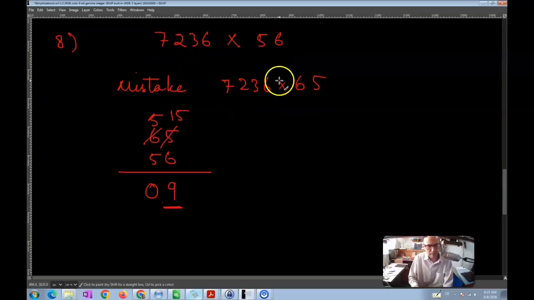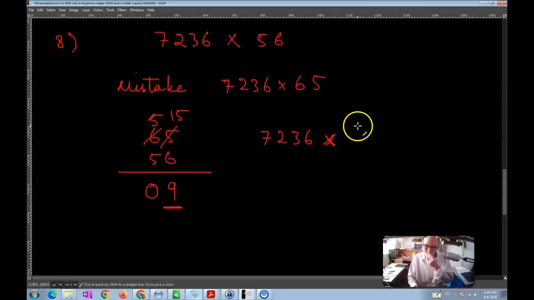The reason is that when you multiply, for example, 7,236 times, let's say, 56, what this means is that's the same thing as 7,236 added to itself 56 times, right?